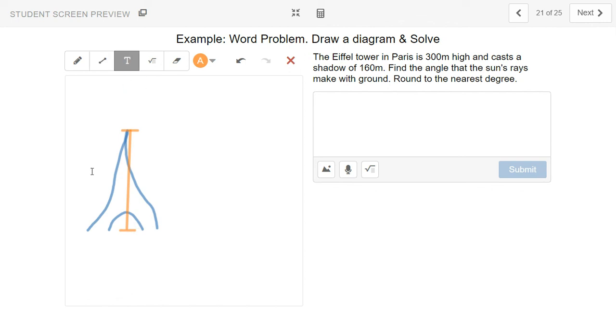I'm going to label this, and then I'm going to label a couple of other things. We know that it forms a shadow, and this is our shadow. The shadow is 160 meters.